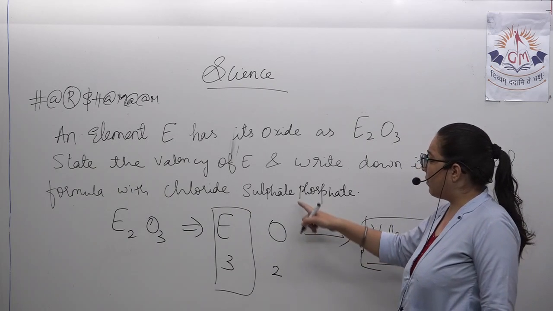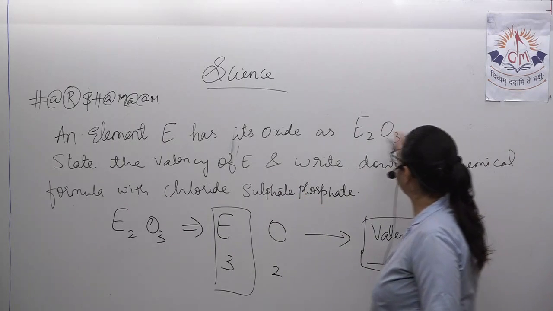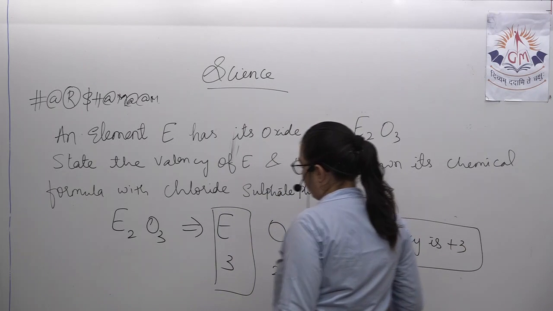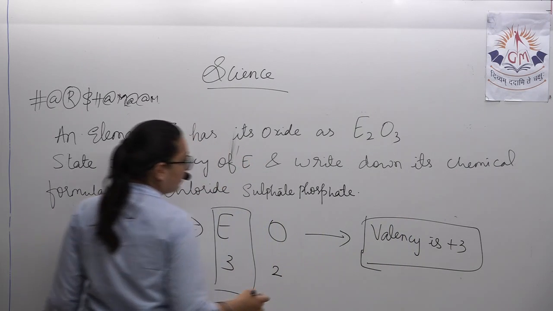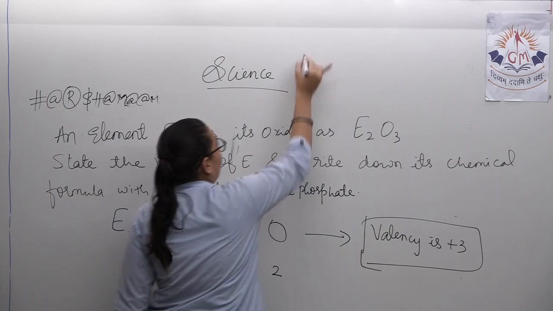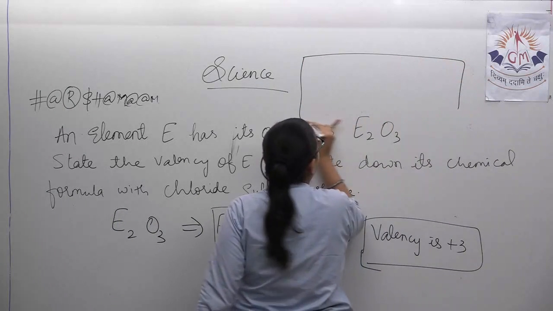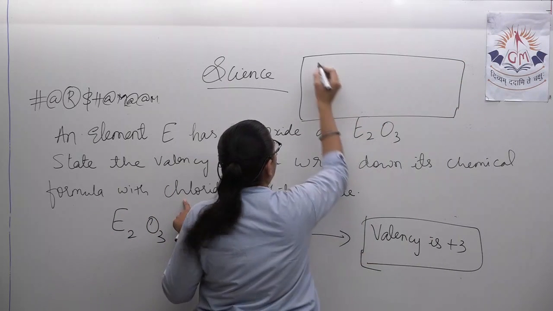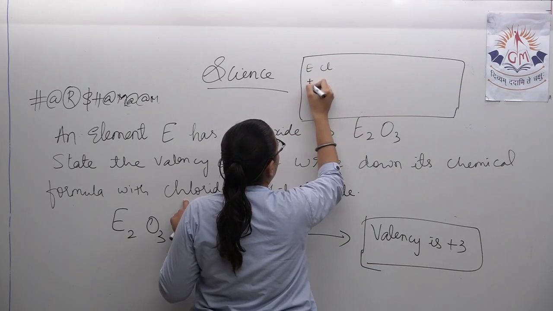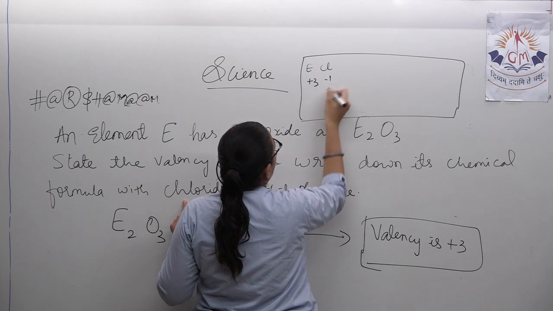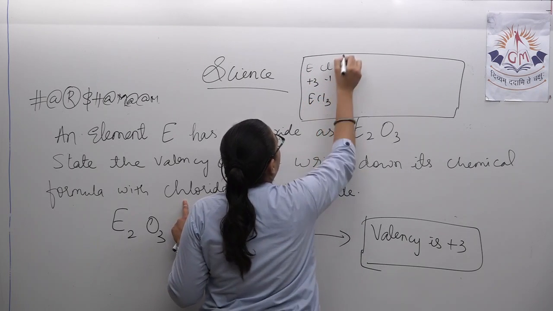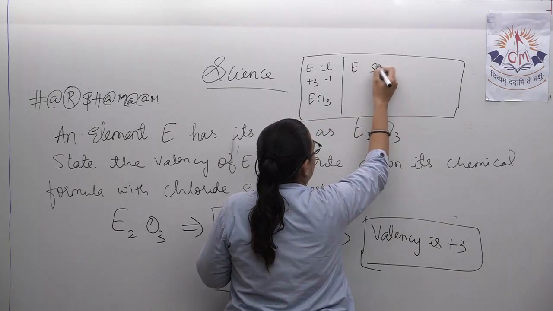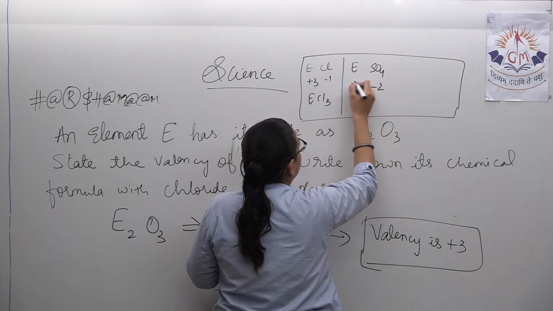You have to write the formula with chloride. I'm doing it over here only. You note down this. E and chloride. So E and chlorine, plus 3 and minus 1. It will become ECl3. Sulfate, ESO4, 2 minus and plus 3.